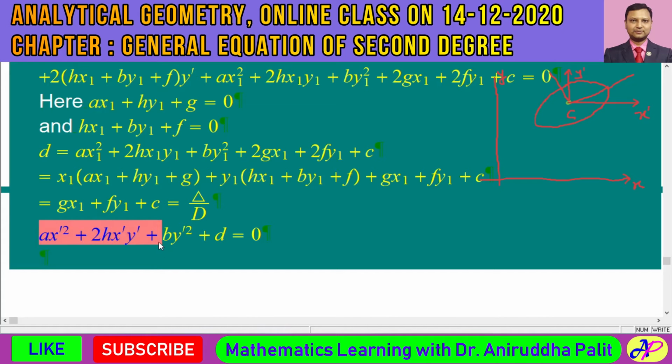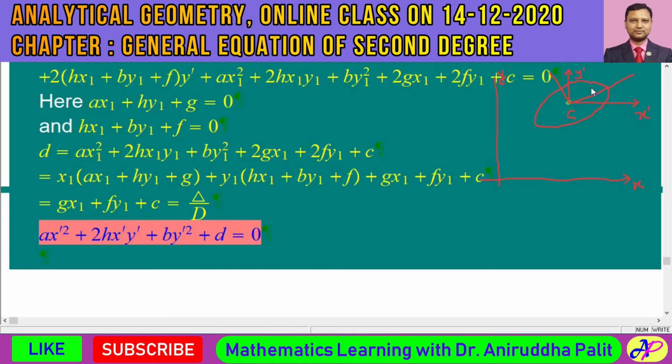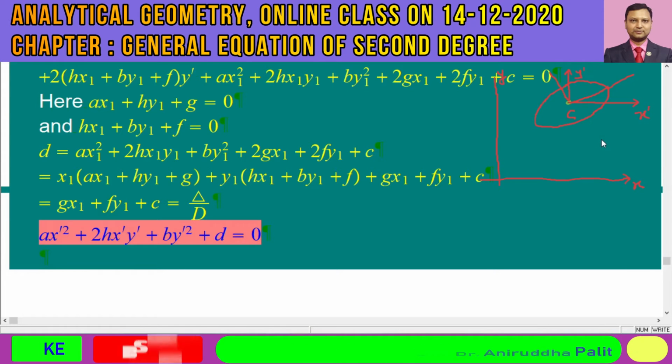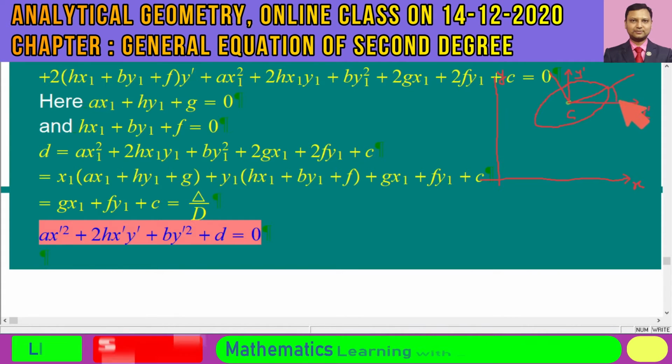Now we have the equation of a central conic with respect to this x prime and y prime coordinate axes. We now apply a rotation.